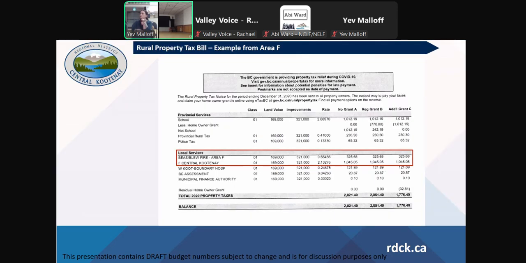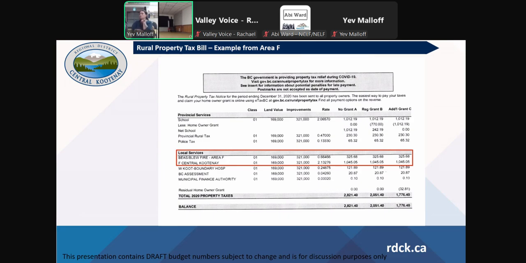This is what a rural property tax bill example looks like. This is from Area F. In the red circle there are the regional district taxes. So F Central Kootenay are the services combined where all the ratepayers pay in. So for Area H, it would say H Central Kootenay.